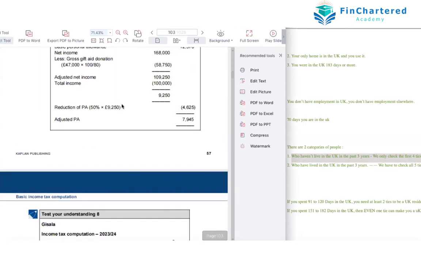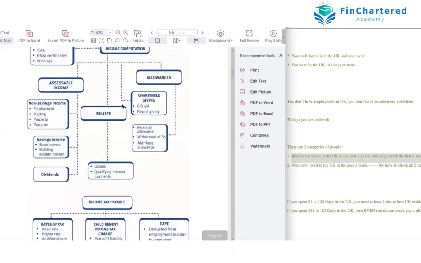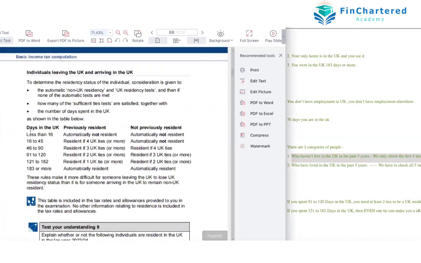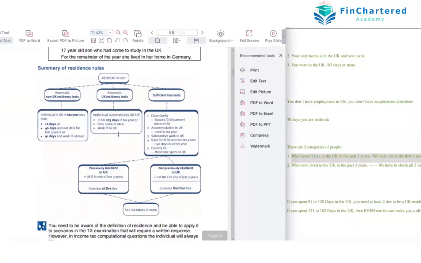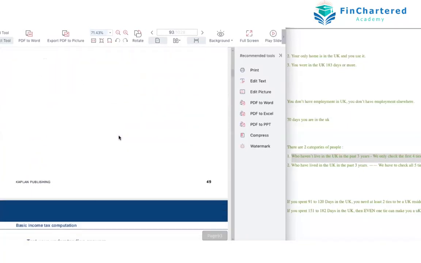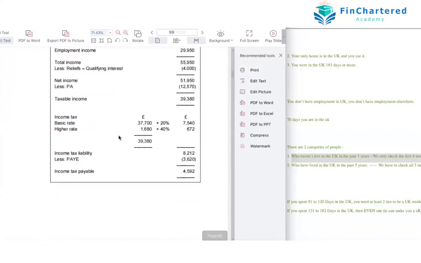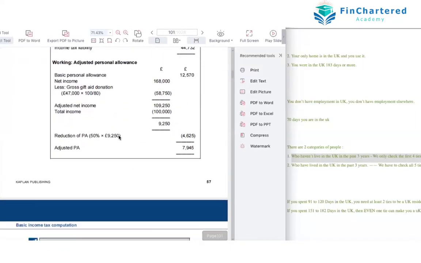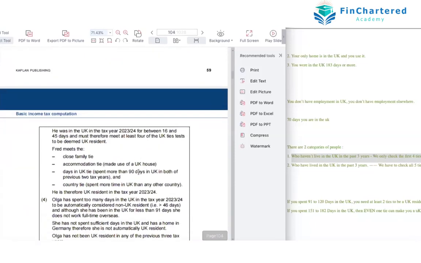Right? As per the table, he was a resident of the UK. Look here. This is what you will look at. He was a resident of the UK. 4 UK ties he must fulfill. I know as a matter of fact that he has a family in UK, he has wife and children. I know as a matter of fact that he has a house in the UK. So the second test is also met. Okay.